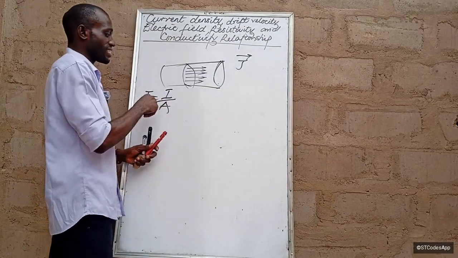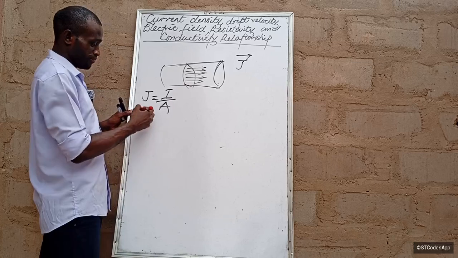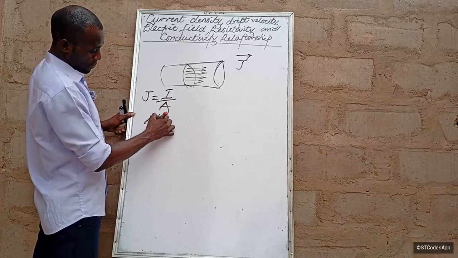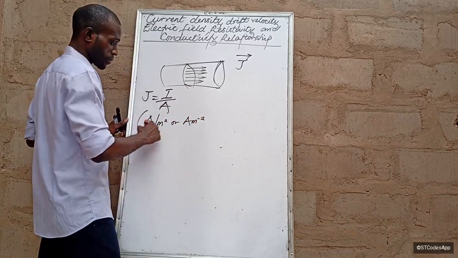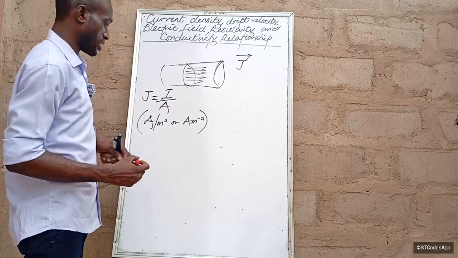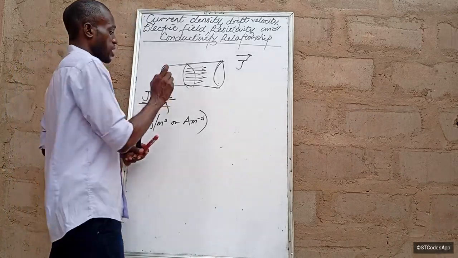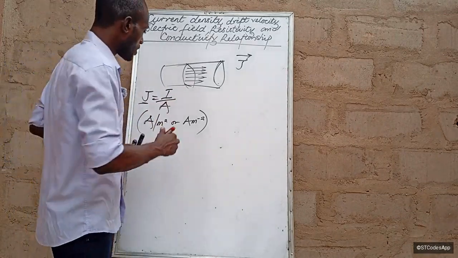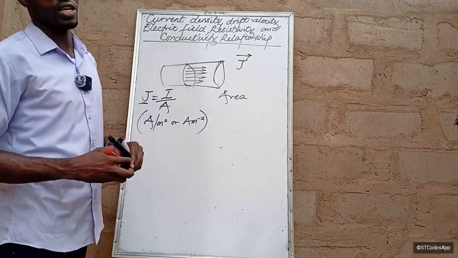So I said that current density is current per unit area, which means, of course, that the unit of measurement is going to be amperes per meter squared. This is the unit of measurement of current density. Keep in mind, J, the J vector, is the current density, current is I, A is area. But this area is an area vector, not just cross-section, okay?